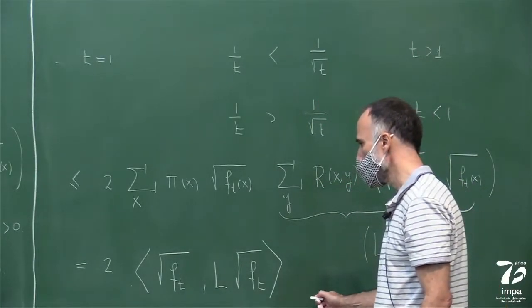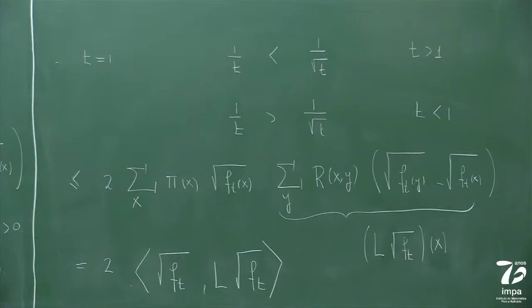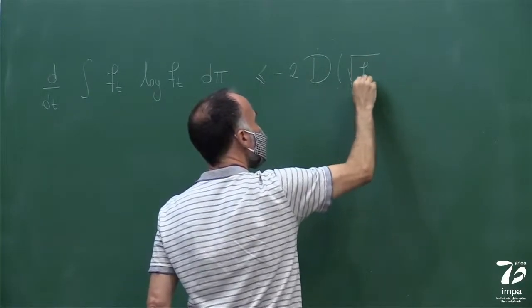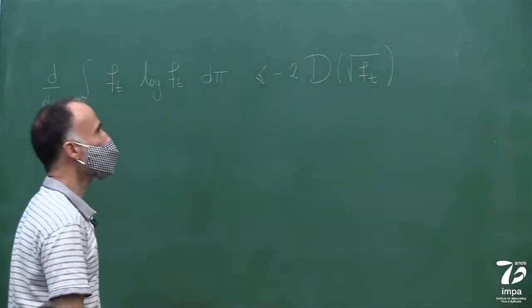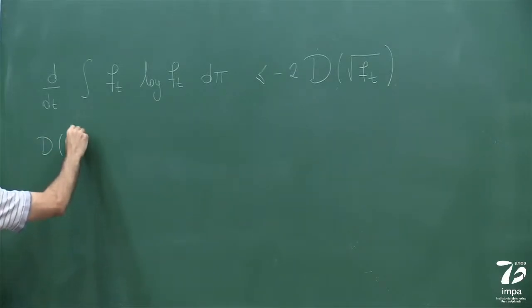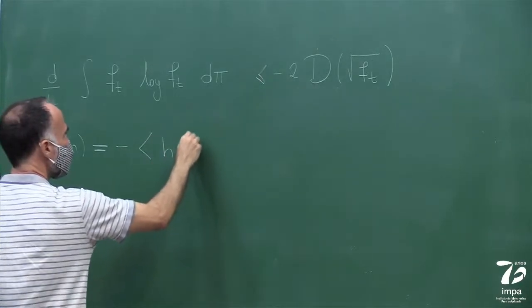And let me call this... so let me summarize what we just did. We proved that this is bounded by 2 times minus the Dirichlet form of the square root of f_t. So here I just introduced the Dirichlet form. The Dirichlet form of a function h will be equal to minus h L h.